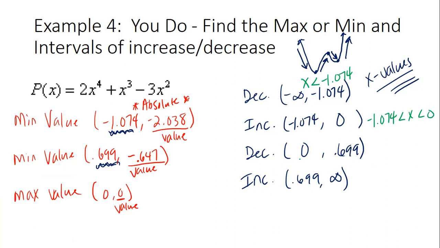This is saying I am decreasing from 0 to 0.699. This is saying I am increasing when x is greater than 0.699. So be comfortable seeing it in inequality notation too. All right, that's it.